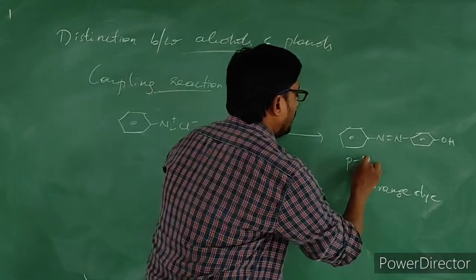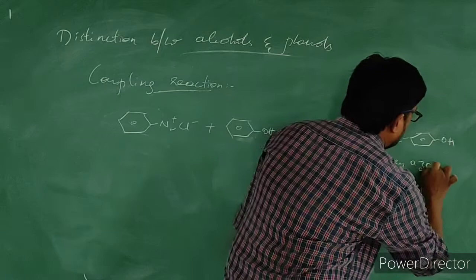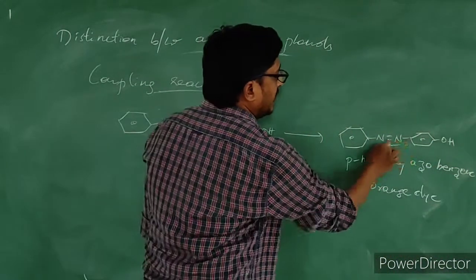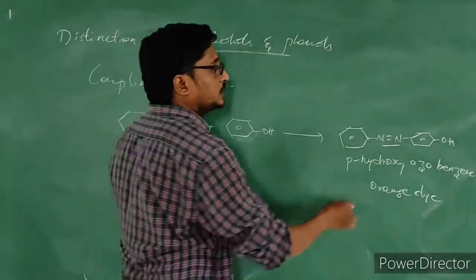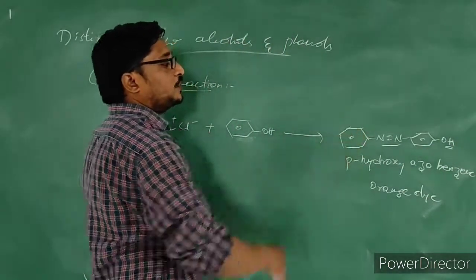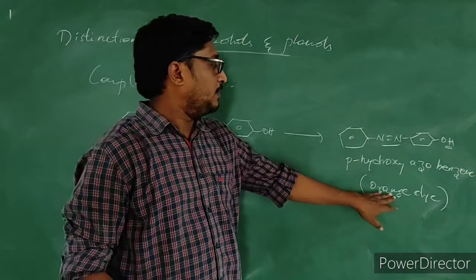This compound we call para-hydroxyazobenzene. If you see this, this is the azo group, and at the para position, the OH group is present. It will be orange in color.